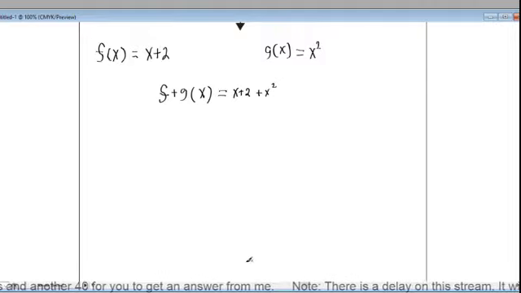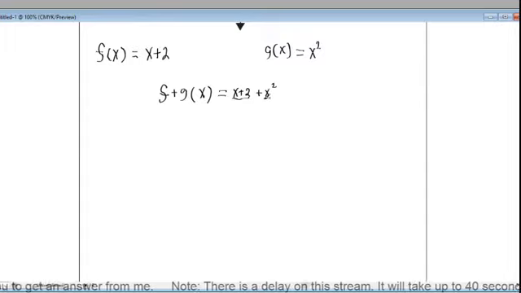And that's it. So we have our f of x, which is right here, and we have our g of x, which is right here, and we're just adding between them. That's it.